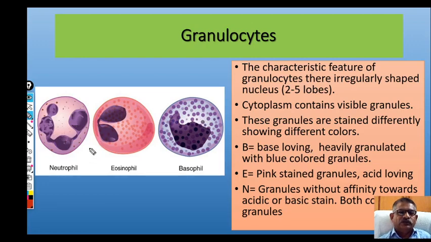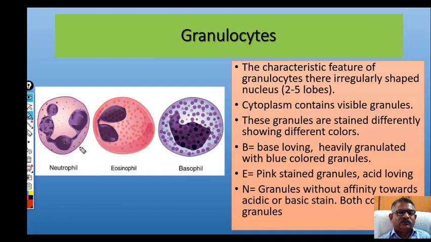When you come to the eosinophils, again the nucleus is bilobed. A small, thin chromatin thread connects these two lobes, and it contains the granules. In eosinophils the granules are stained pink or red because they have affinity toward the acidic dye eosin red, right?